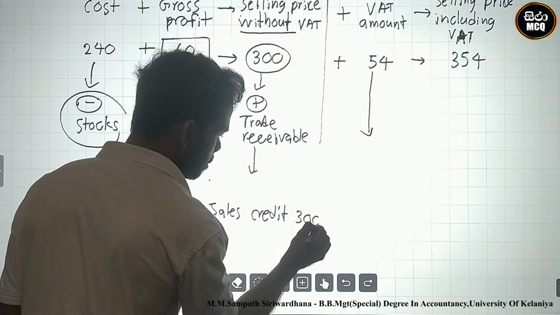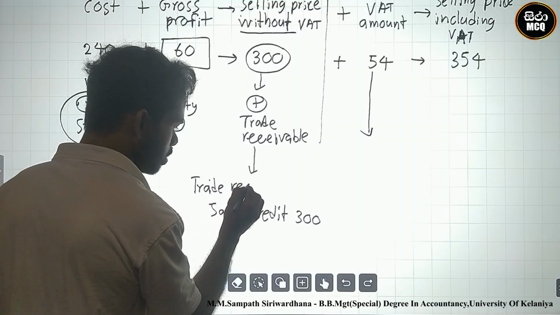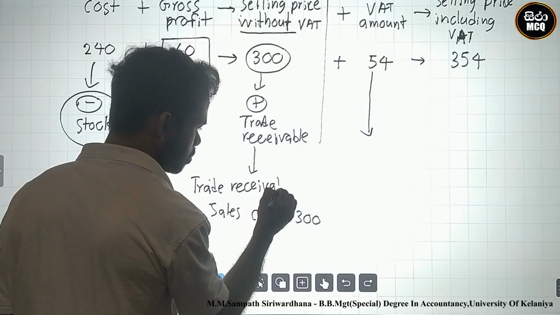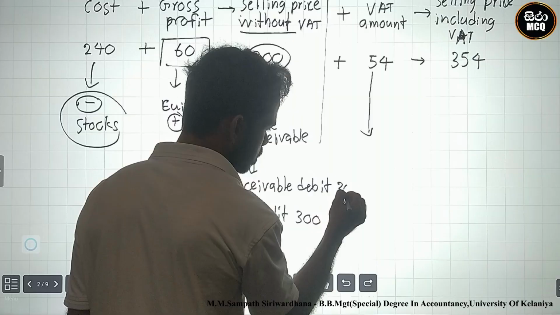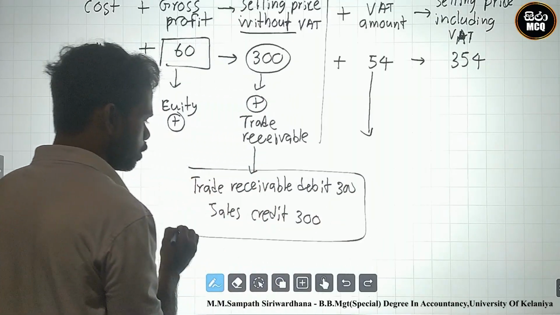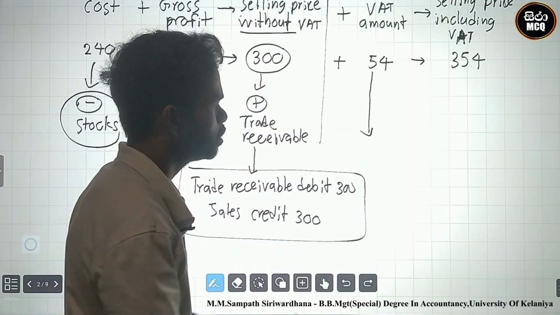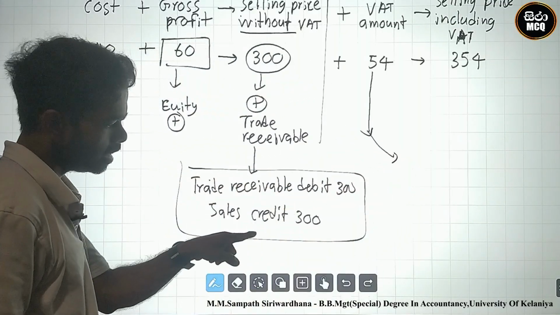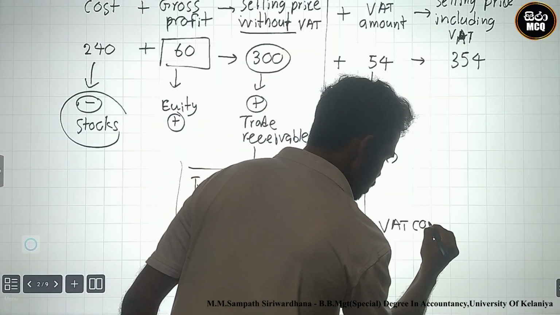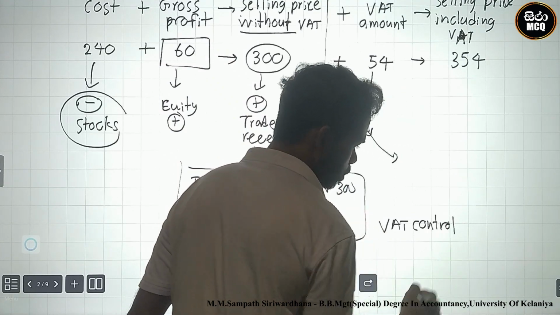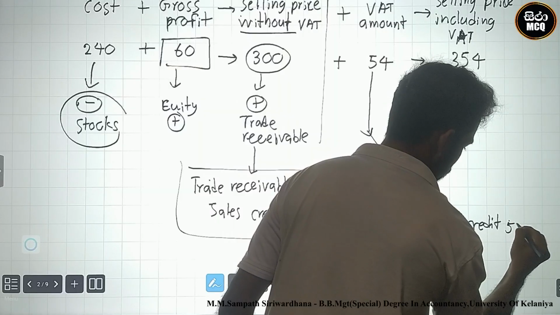300, debit trade receivable 300. This is the selling price without VAT. Based on this, I prepare the double entries of VAT. Sales credit, VAT is credit: VAT control credit 54.